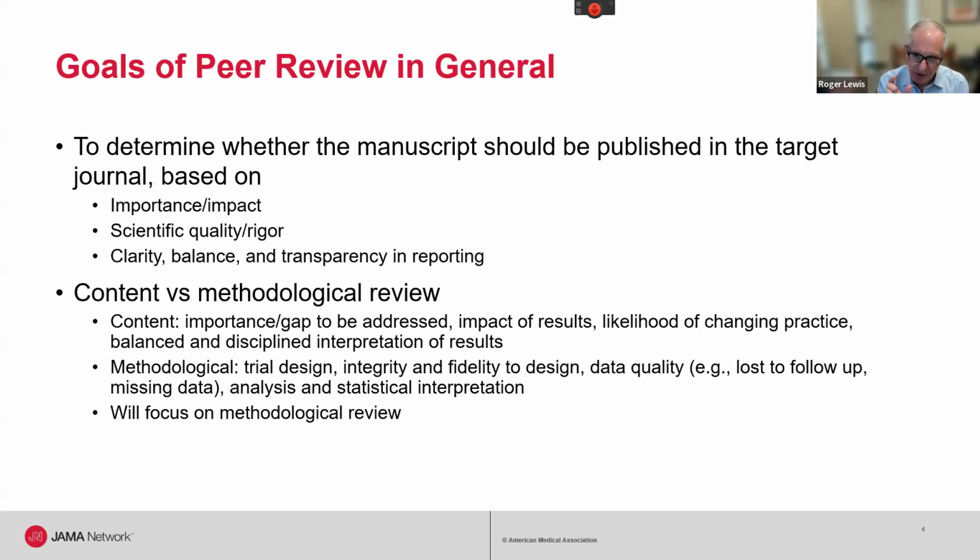And again, what I'm doing here is I'm trying to flip your usual perspective from that of an author to a journal editor position. So if we review a manuscript and the data are potentially important, but the presentation of the results is very unbalanced.